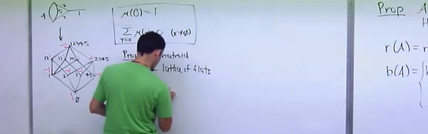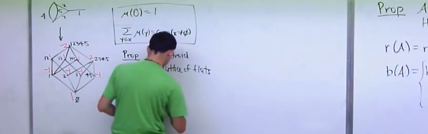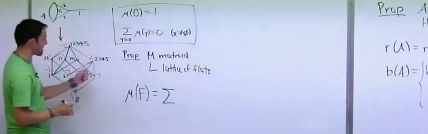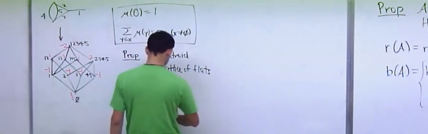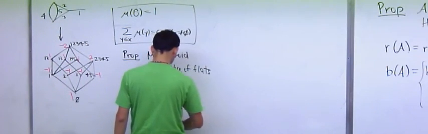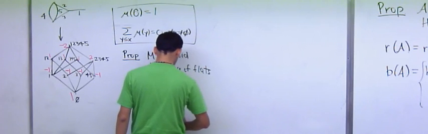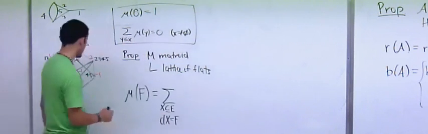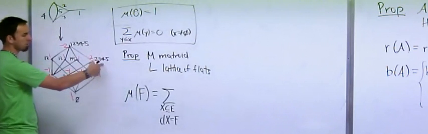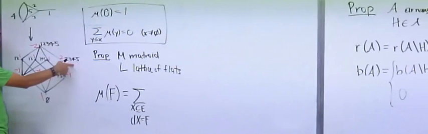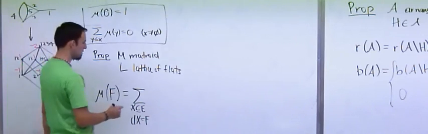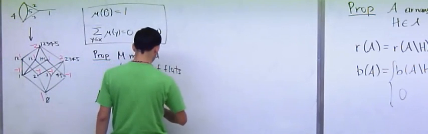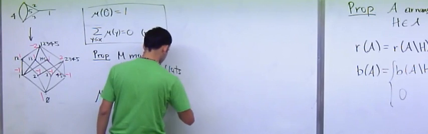You're going to look at all the sets whose closure is F. For example, if you're computing mu of 2, 3, 4, 5, then you want to make a list of all the sets whose closure is 2, 3, 4, 5. And then you're just going to say -1 to the number of elements of the set.